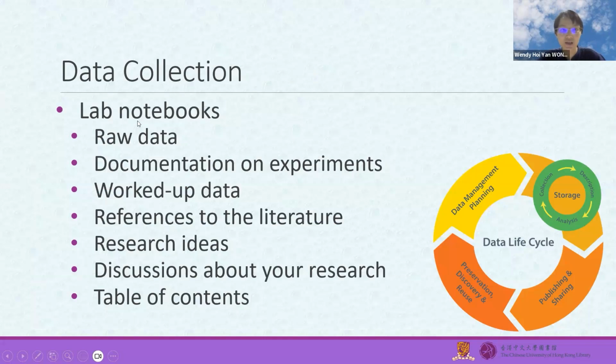Data collection can be in the lab book, during the lab or your field work. You will collect some raw data. You may have to work out some documentation and description of your experiments and work up data. You may have to make reference to some literature.